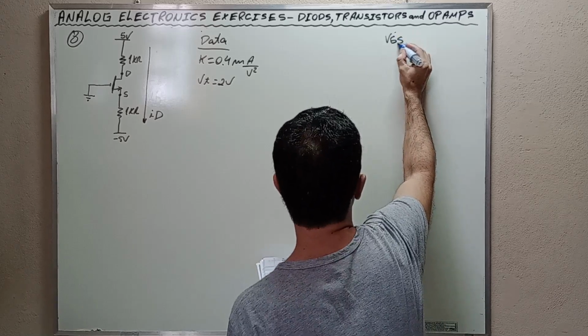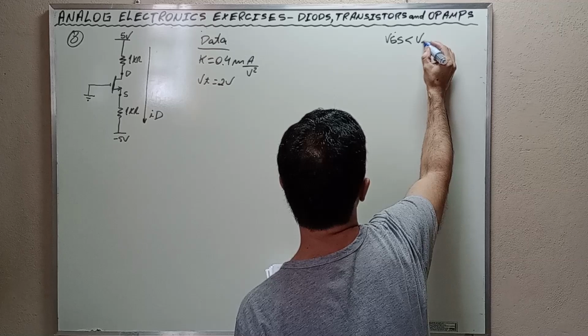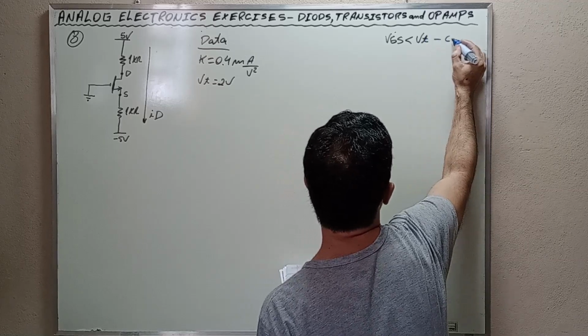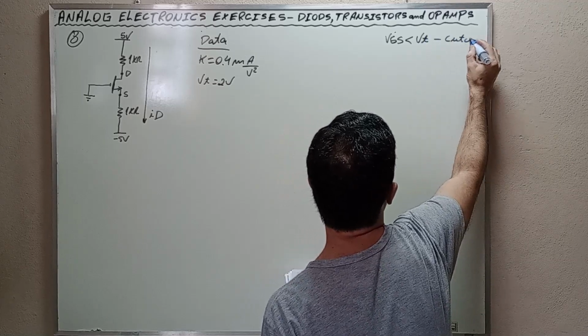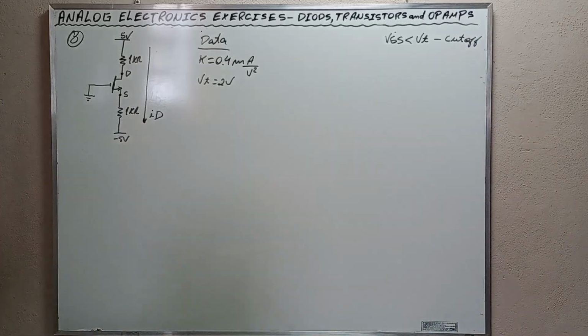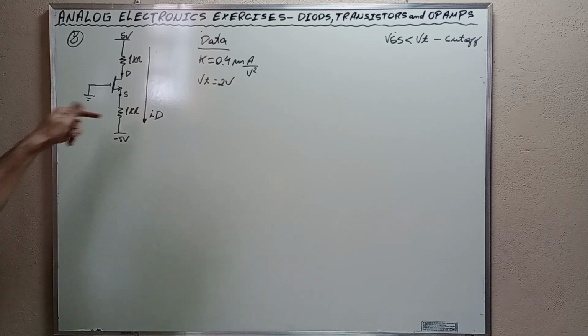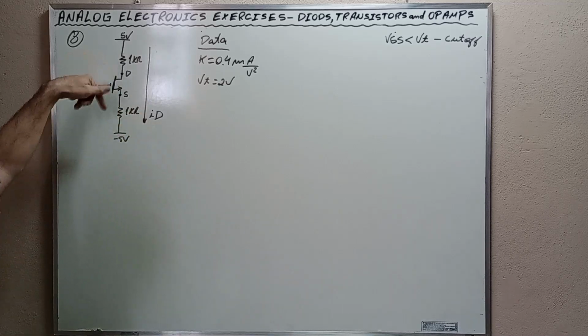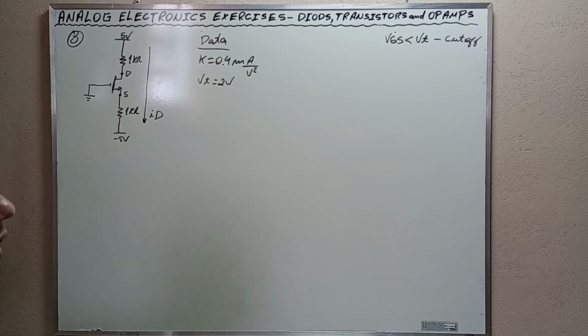VGS less than VT, the device is in cutoff. What does it mean? It means that ID is 0. No current passes here. When VGS is less than VT, the channel is not open.